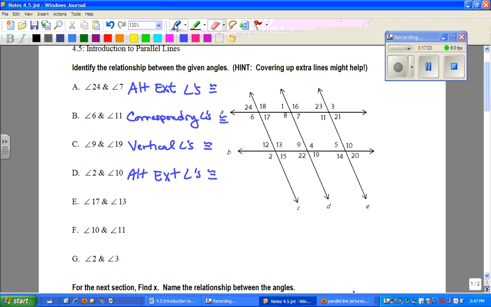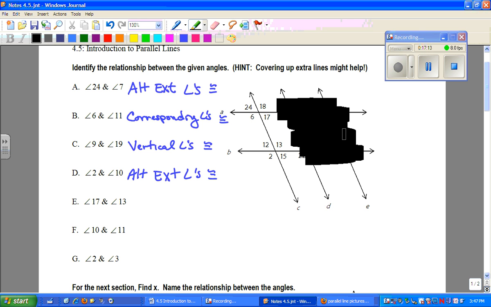Okay. 17 and 13. 17's here. 13's down here. So we're getting rid of these. 17 here, 13 here. Here's the 2 parallel lines. Here's the transversal.